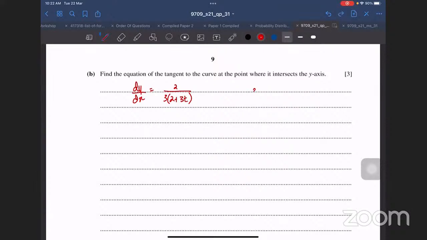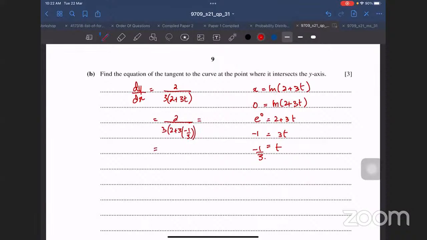So x is ln of 2 plus 3t. When x is 0, e power 0 gives 3t is minus 1, t is minus 1/3. So I can calculate the gradient at this point, which gives me 2 over 3.